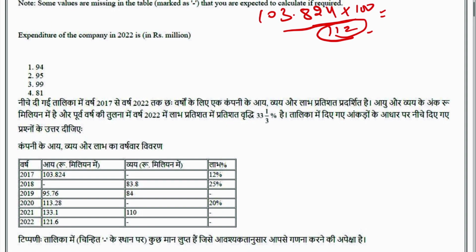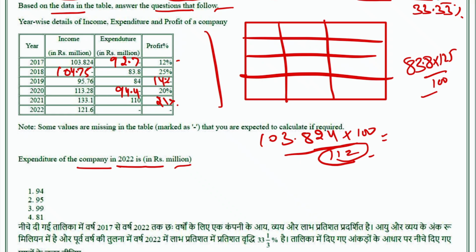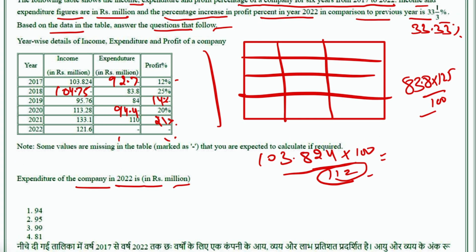Now question number 51 says expenditure of the company in year 2022 is. Now you have to find out the expenditure in 2022. You can see that no expenditure and no profit is mentioned here. However, in the question it is mentioned that there is a 33.33% increase in the profit. So if 21% is there, you have to add 33.33% of 21.